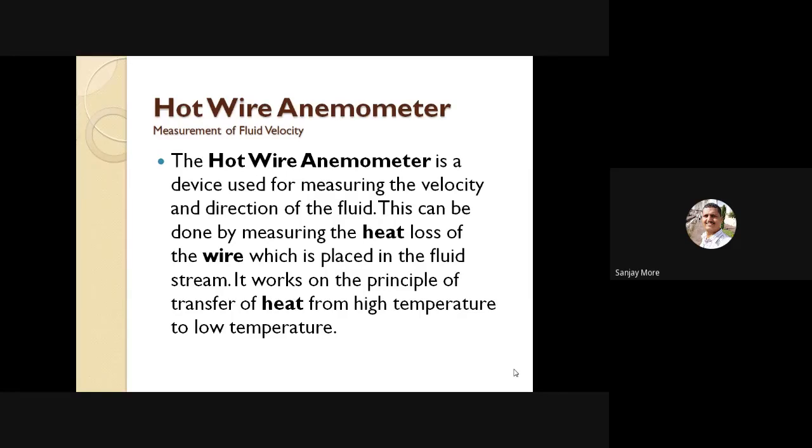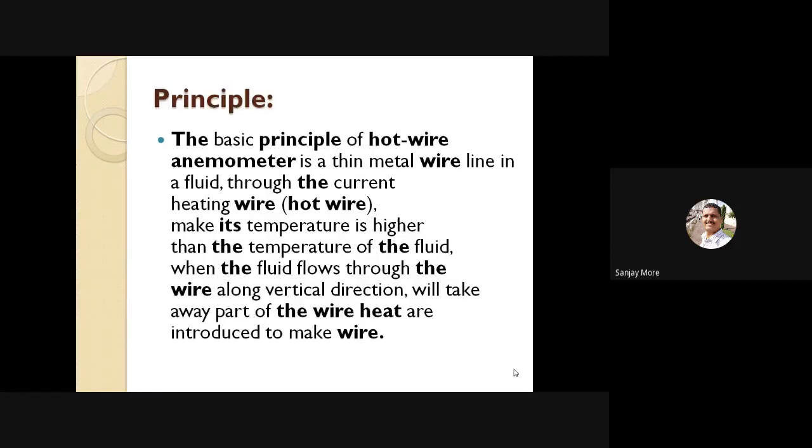It works on the principle of transfer of heat from high temperature to low temperature. Okay, same principle is there.